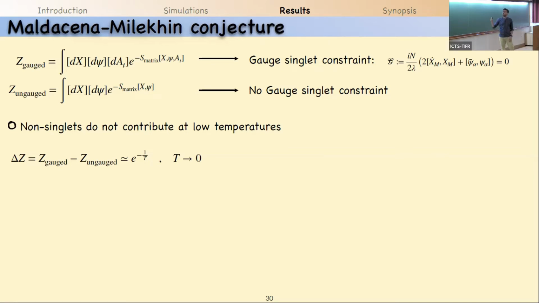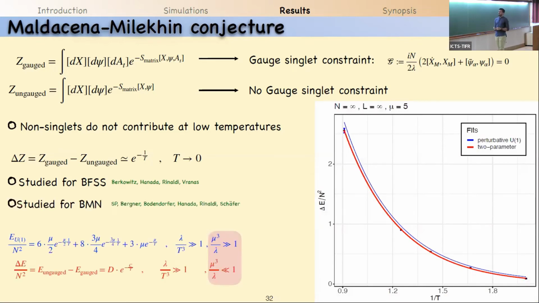And Maldacena and Milekhin propose that the non-singlets are not important at low temperatures. Specifically, they say that they should be exponentially suppressed as you go to very low temperatures. This idea was tested for BFSS a few years ago, and recently we tested it for the BMN model.